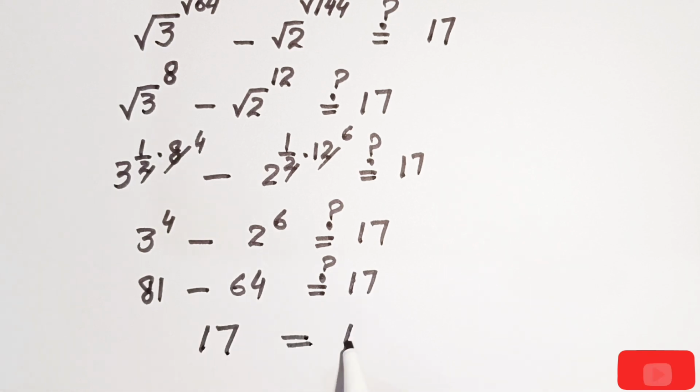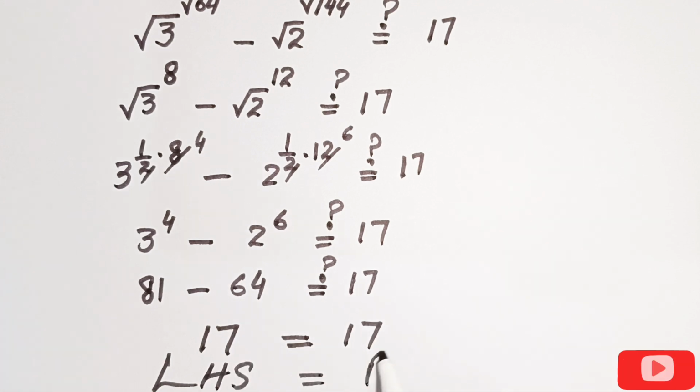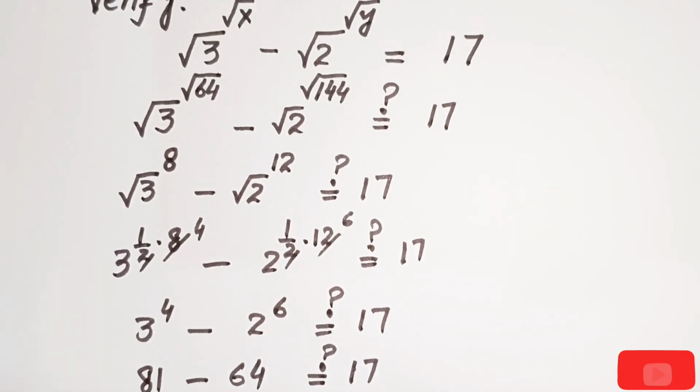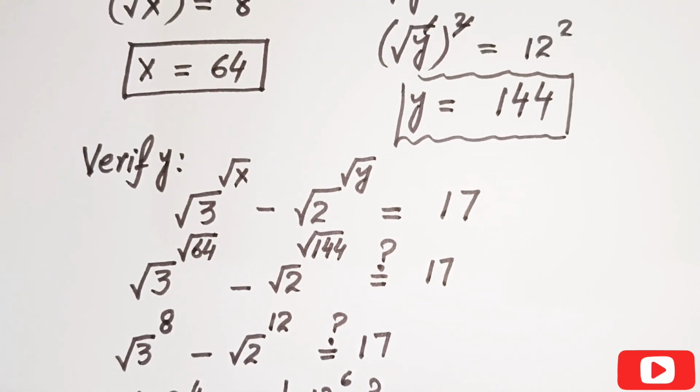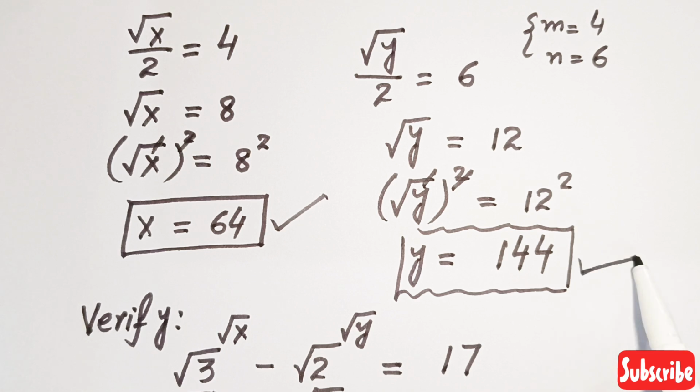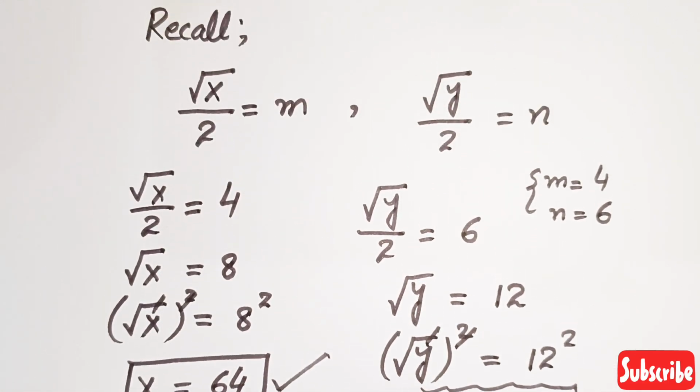So 17 is equal to 17. Hence we prove that our left hand side is equal to right hand side. So the values of x and y are true for this problem. Our final answer is x is equal to 64, y is equal to 144.